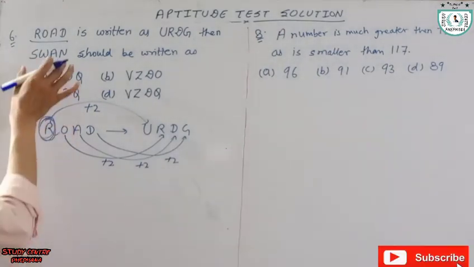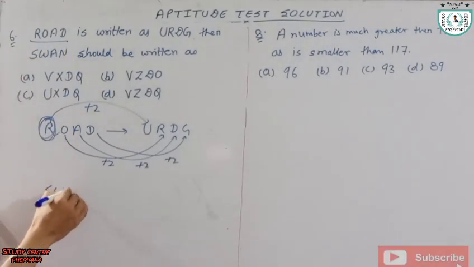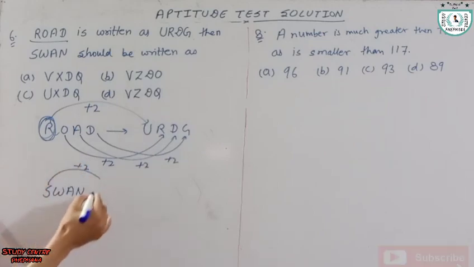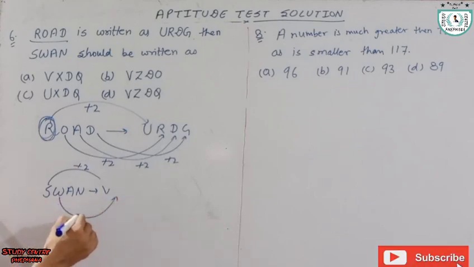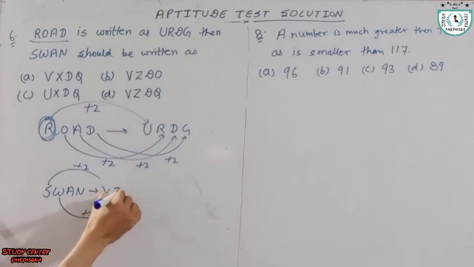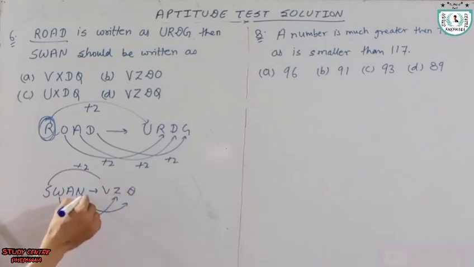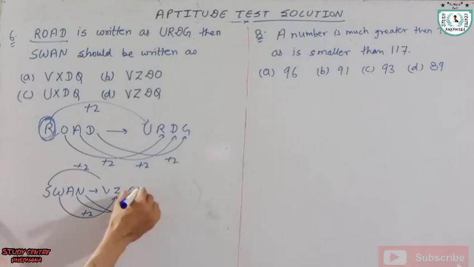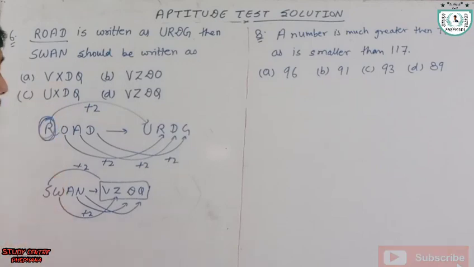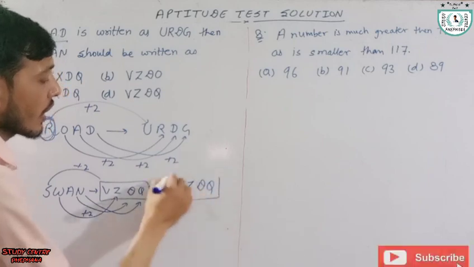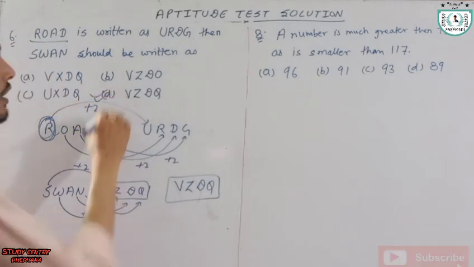According to this, SWAN is written as: after adding 2 to S we find V, adding 2 to W we find Z, adding 2 to A we find D, and adding 2 to N we find Q. Hence SWAN in this coding language is written as VZDQ. Okay, the correct answer is VZDQ.